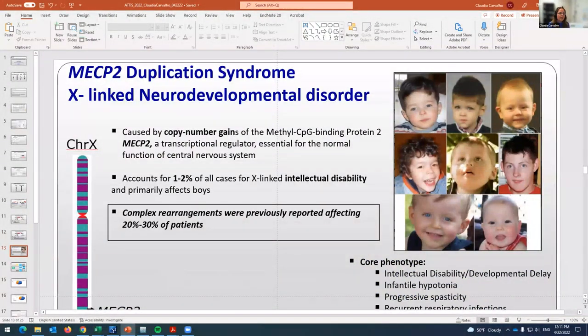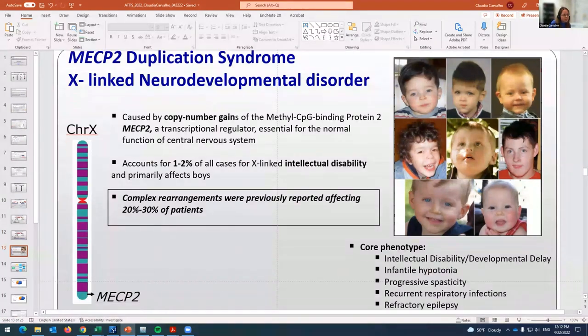To study and test our hypothesis, we are enrolling patients with a syndrome called MECP2 duplication syndrome, which is an X-linked neurodevelopmental disorder caused by copy number gains of the MECP2, methyl CpG binding protein 2.